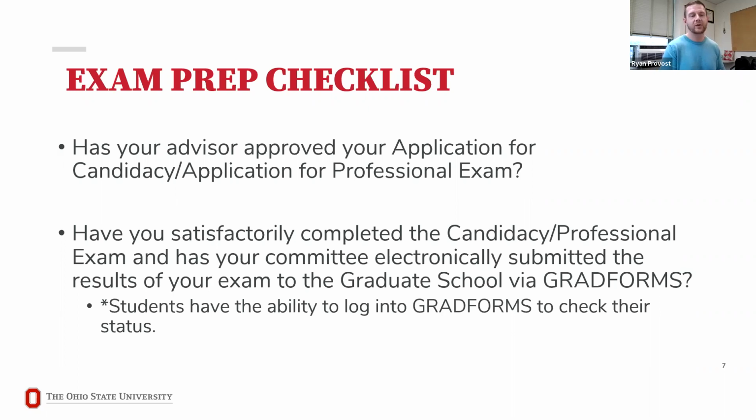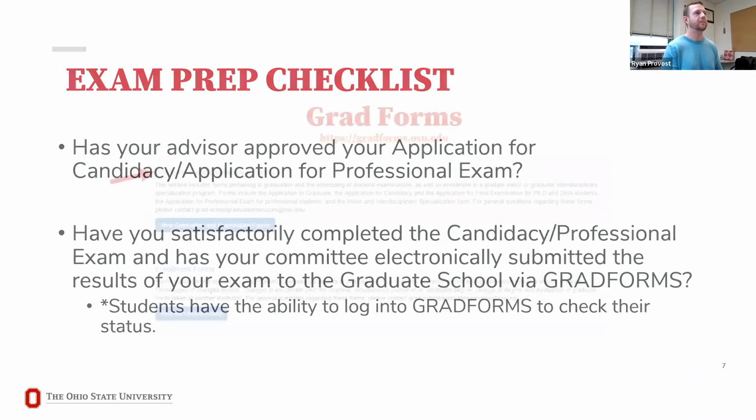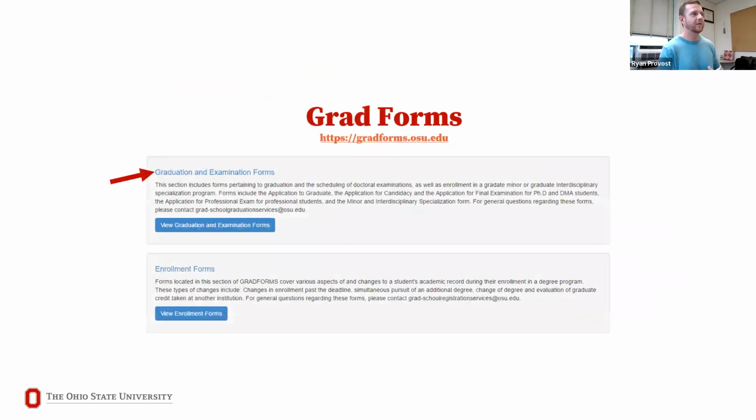And again, we'll go over this in a little more detail as we go through the process. But it is important to note that you have the ability to log into grad forms to check the status of your applications. And we'll have some screenshots of what that looks like to provide you some examples as we move along. So here's the first.